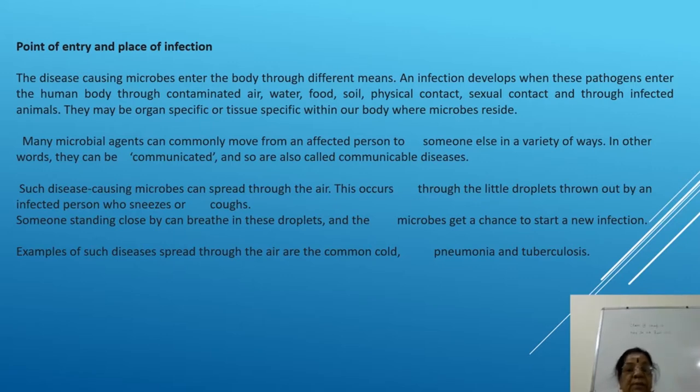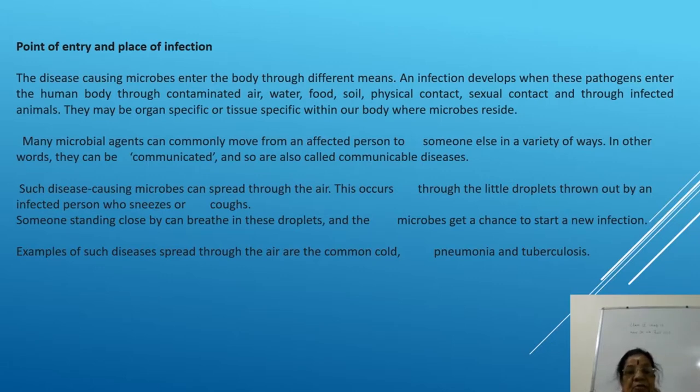Okay, so many microbial agents commonly move from an affected person to someone else in a variety of ways. And they can be communicated, so they are called communicable diseases. For example, such disease-causing microbes can spread through air. This occurs through little droplets thrown out by an infected person who sneezes or coughs.